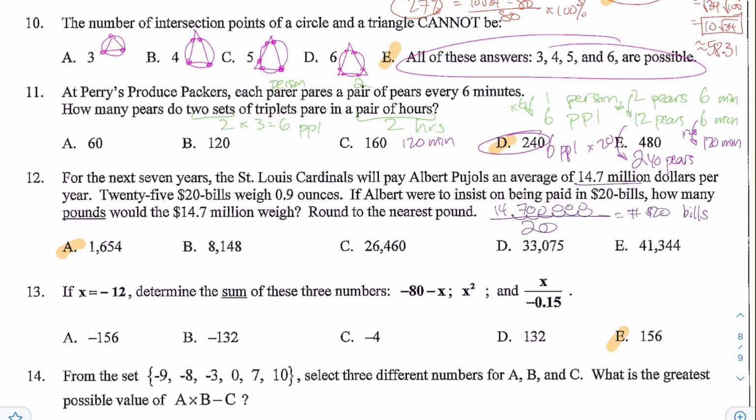So it helps if you have a calculator here. But I think you can also cross simplify at the end. So we can say for that, 1 to zeros will cancel out. So you have 14, 7, 0, 0, 0, 0 divided by 2. And this is $20 bills. Now you know that 25 bills weighs 0.9 ounces.